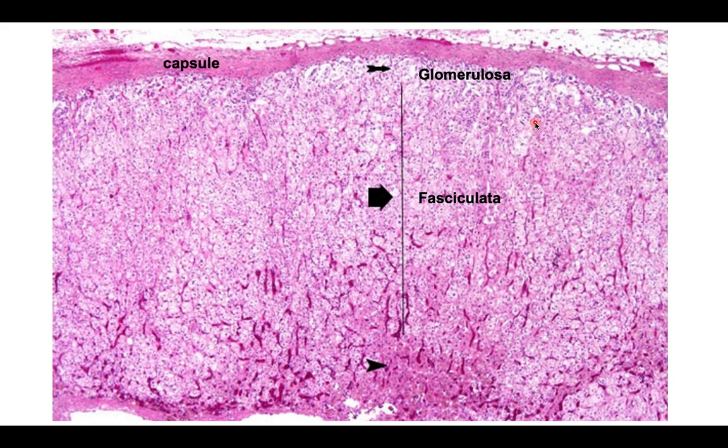This is the thickest zone of the cortex, and this zone produces cortisol. The innermost portion is the zona reticularis, which produces the sex hormones.